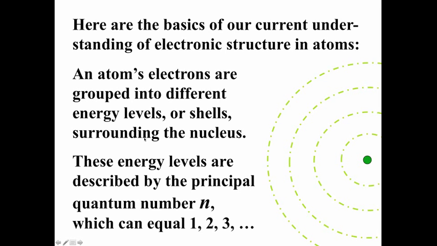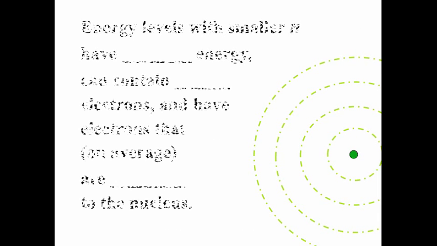First of all, an atom's electrons end up being grouped into different energy levels or different shells that surround the nucleus. These energy levels are described by the principal quantum number n, which can be equal to 1 or 2 or 3, etc. We sometimes talk about the first energy level or shell, then the second, then the third, but we'll see soon that they're not really circular orbits or anything like that. They're much more complicated shapes.